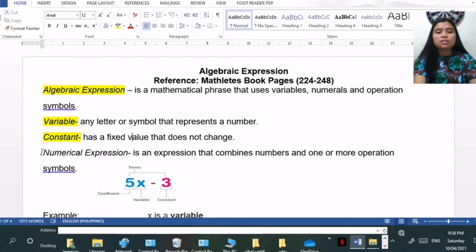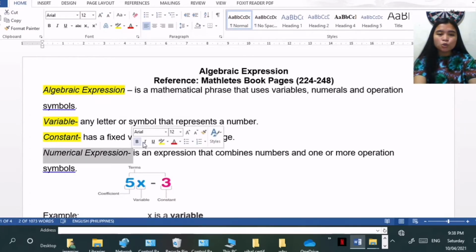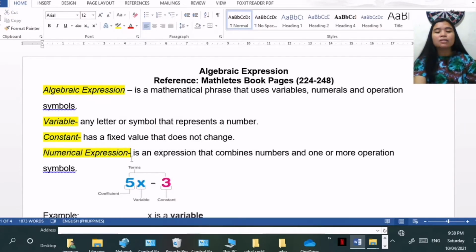So, aside from algebraic expression and algebraic equation, we also have what we call a numerical expression.